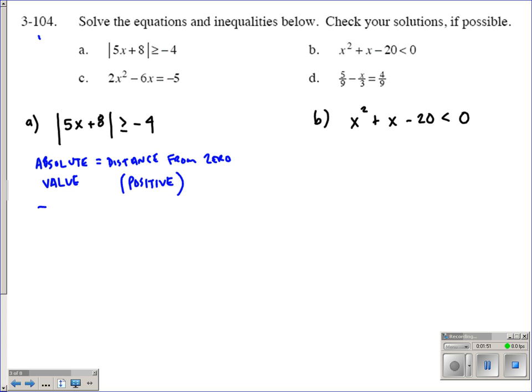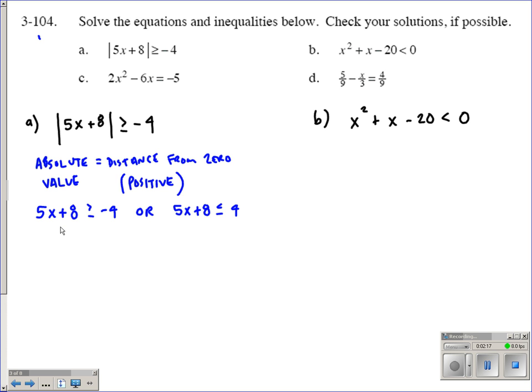We want to say we're looking for the values of 5x plus 8 that are greater than or equal to -4, or we also want to know the values of 5x plus 8 that would be less than or equal to +4.